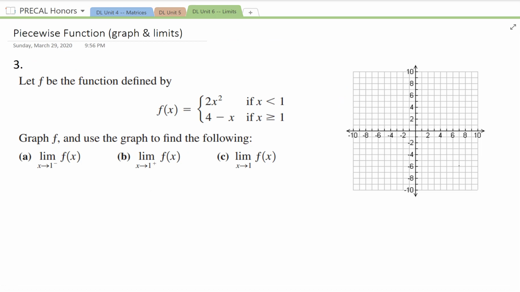So here we have a piecewise function with a parabola and a line. Let's go ahead and graph that. The first piece of our piecewise function is 2x squared, if x is less than 1. This parabola has a vertex at 0, 0. When I go to the left 2, I'm going to rise 8, because of a vertical stretch of 2.